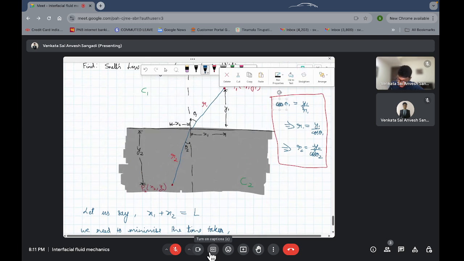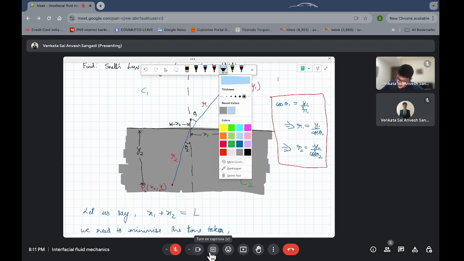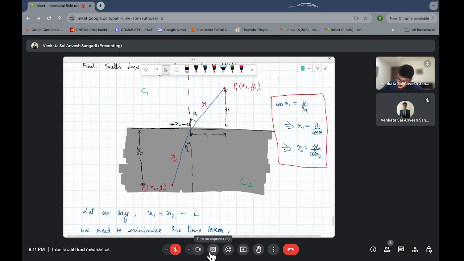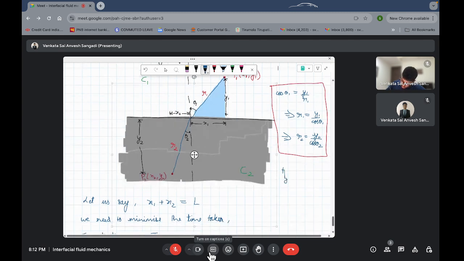So again in the triangle, in the top half, in this triangle, we have tan theta 1 is equal to x1 by y1, so x1 is equal to y1 tan theta 1.